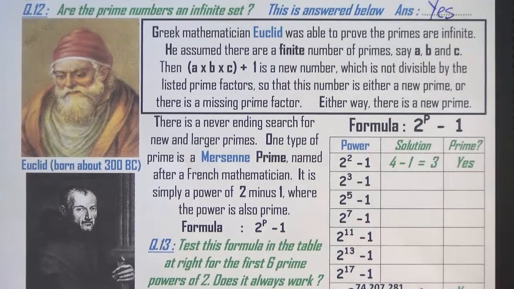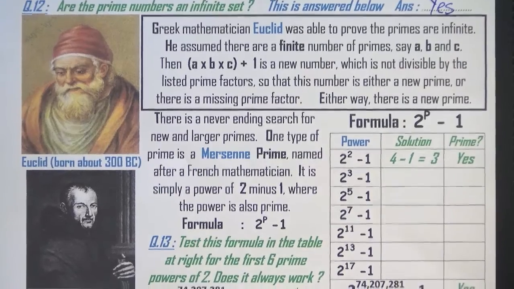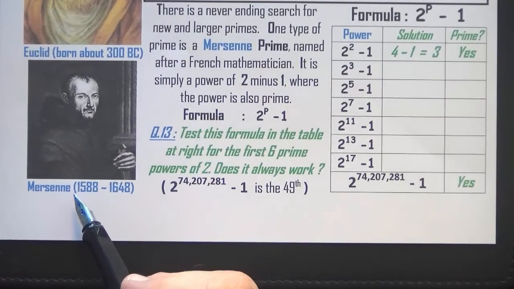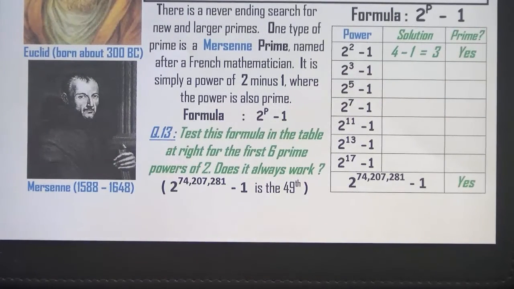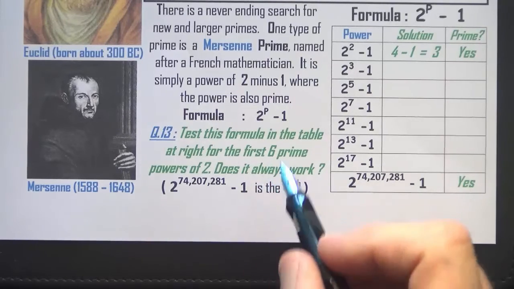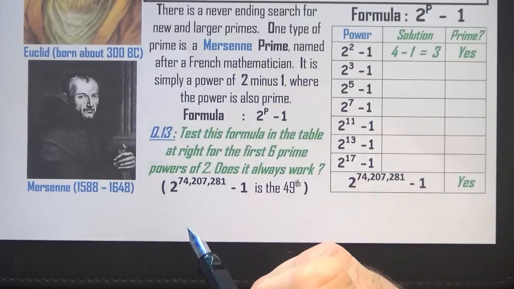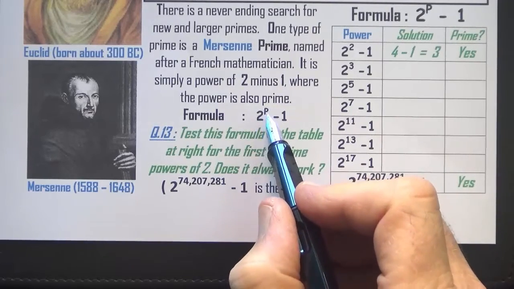Now the rest of this worksheet, I want to look at a particular type of prime number known as a Mersenne prime. They're named after this French mathematician. And what he did was he took 2 to a power and then subtracted 1. But the power is itself prime.